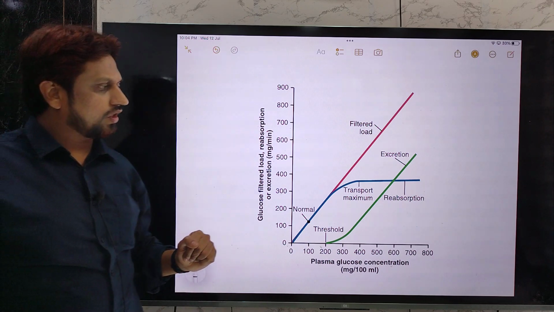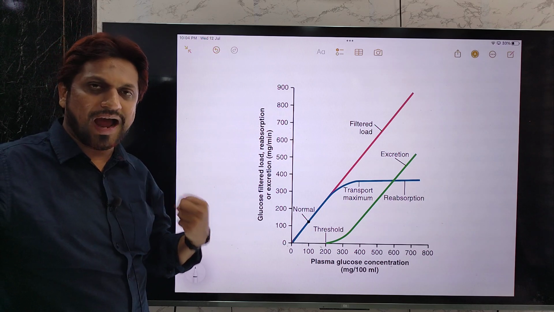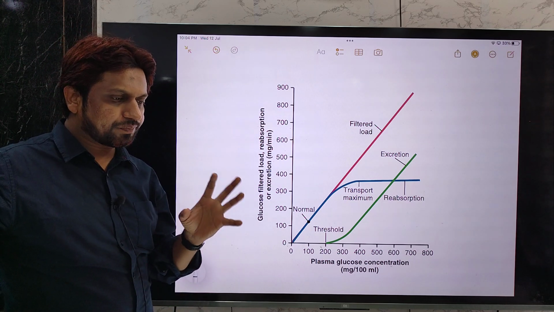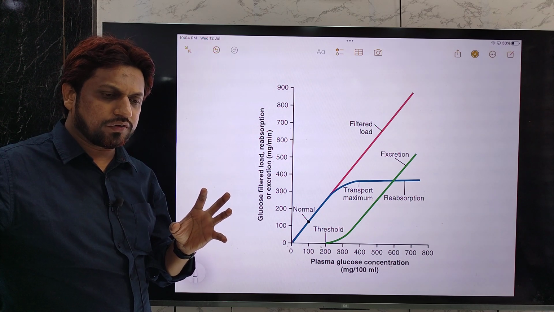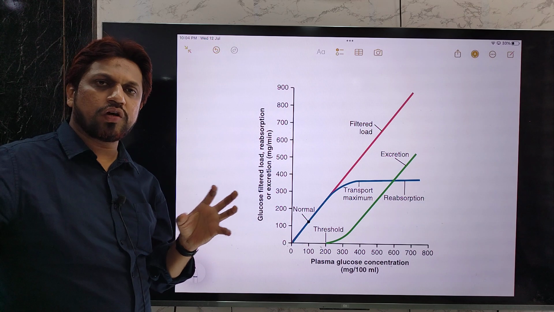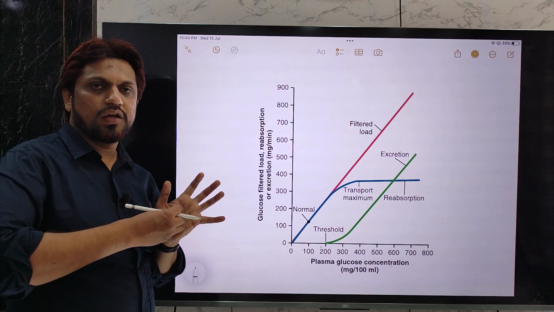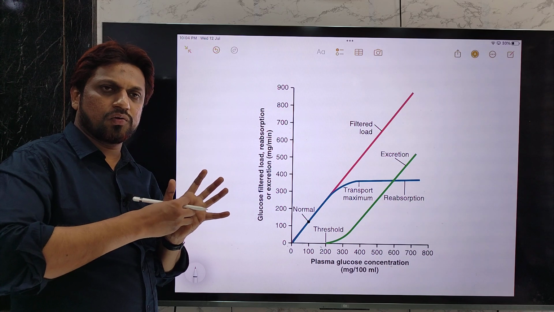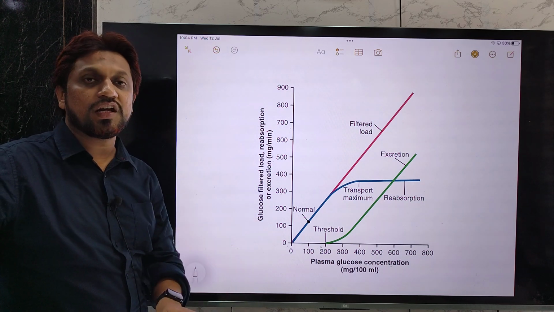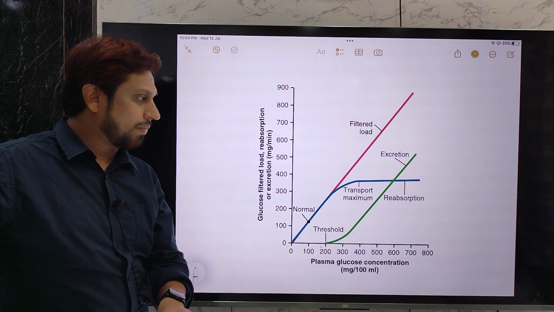One more reason for the renal splay, apart from the different capacity of nephrons to reabsorb glucose, is that the sodium binding or glucose binding affinity of these glucose transporters, SGLT, varies. Due to that there is a variation between the different nephrons, that is, all nephrons won't work in an equal manner.